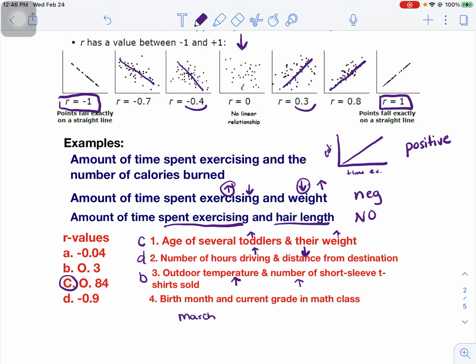Well, some of you have March birthdays and you're in school, and some of you, maybe your friends, have March birthdays and they're out of school, because they've graduated, or maybe your younger siblings, or maybe your teachers. So just because you have a birth month doesn't mean what grade you're going to be in math class, or your current grade in math class. At 80, you may not even be taking math. You might be a grown-up and not taking math. So this is a no correlation. So it doesn't match any of those.